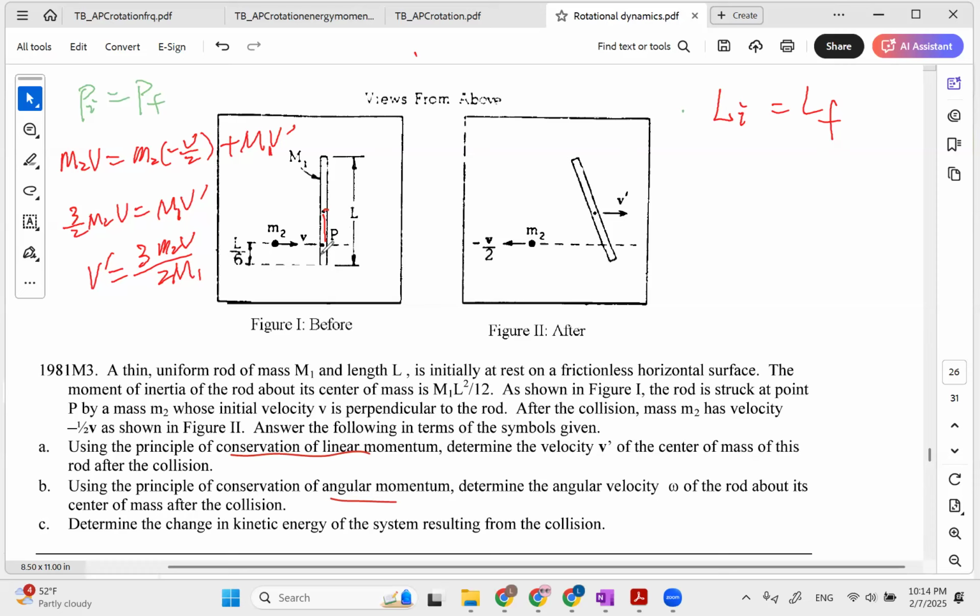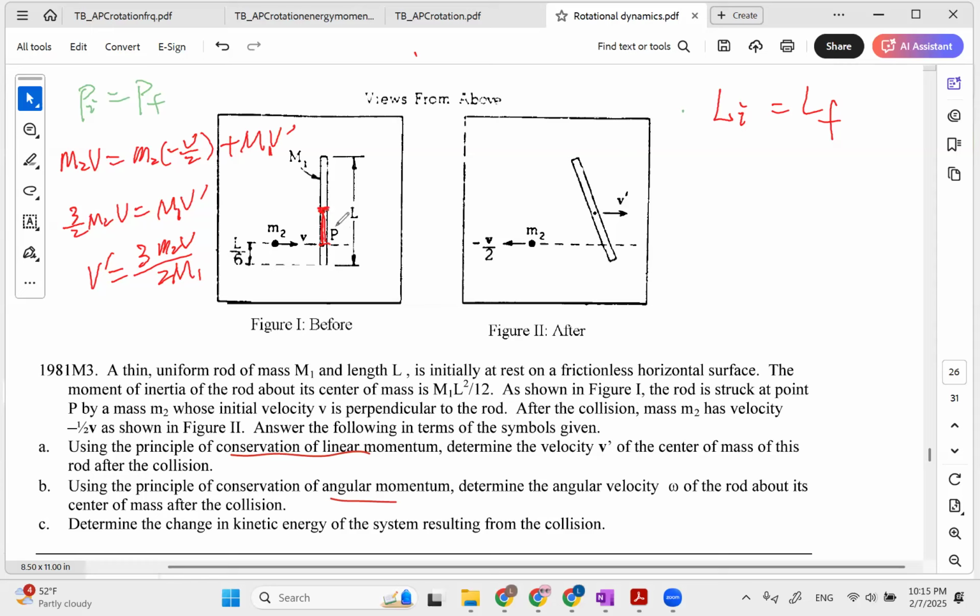Johan, which equation do you use to find the initial angular momentum? Can I have 2 seconds to look through my notes? Okay.